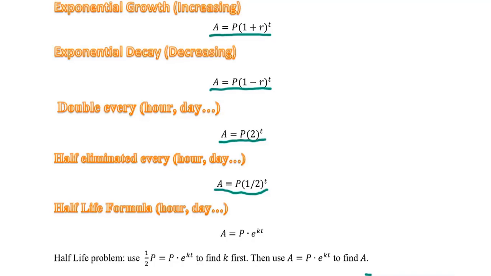The half-life formula is special, like this one. You have to use this formula to find the K first. Then you plug back in to find the A.